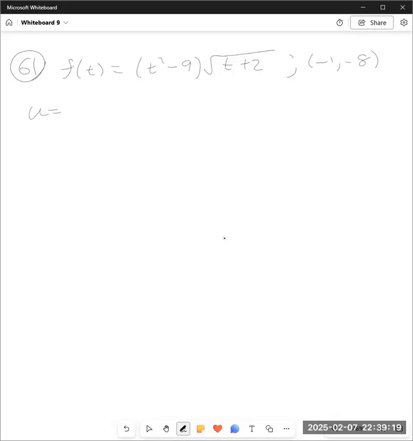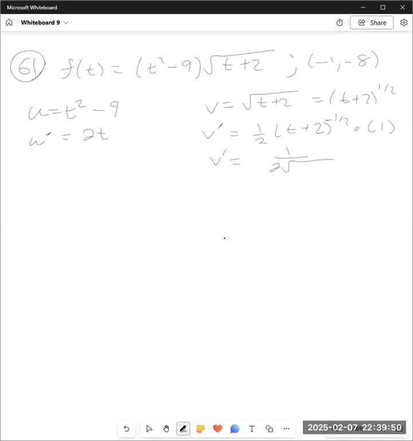So u is equal to t squared minus 9, v is equal to root t plus 2, which is t plus 2 to the 1/2 power. u prime is 2t, and v prime is 1/2 t plus 2 to the -1/2 times the derivative of the inside, which is 1. So v prime is 1 over 2 square root of t plus 2.